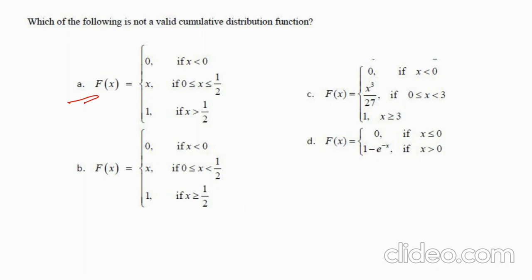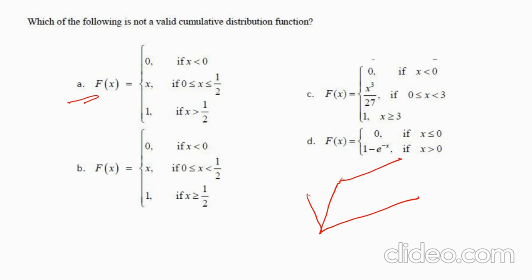So let's say for this we have F(x), which is 0 when x is less than 0, x when x is between 0 and 1 by 2, and 1 when x is greater than 1 by 2. So at 1 by 2, we have a situation like this, and then this.